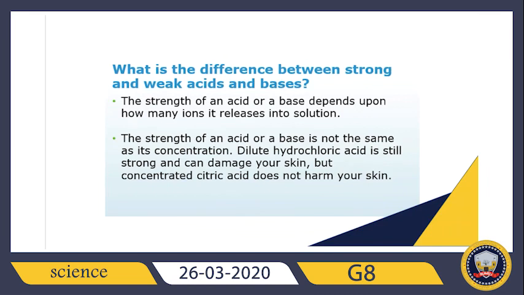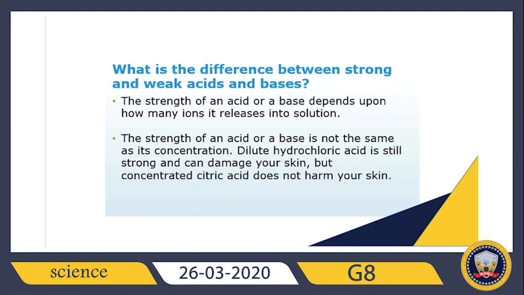So guys, an important question here: what is the difference between strong and weak acids and bases? Actually, we usually divide acids and bases into two main groups, guys. For all acids there are strong acids and weak acids, and for all bases there are strong bases and weak bases. So chemically, what is the difference between strong acid and weak acid, and between strong base and weak base?